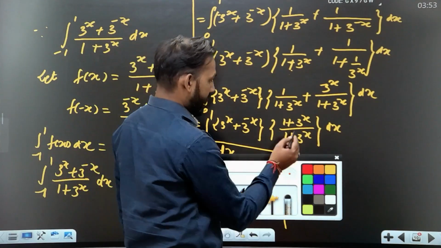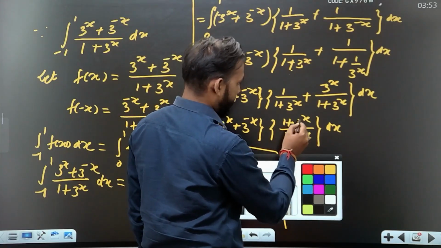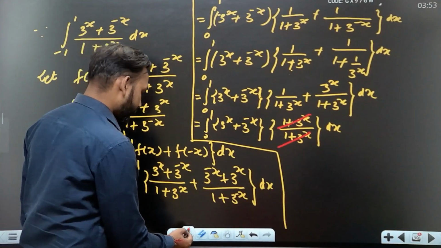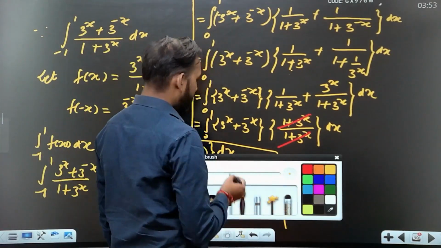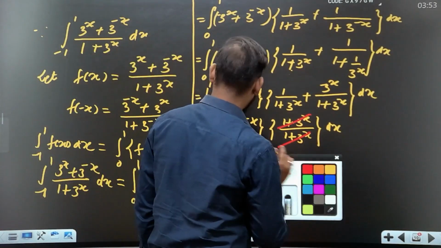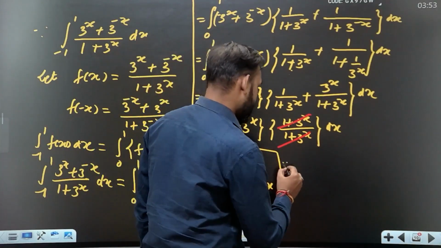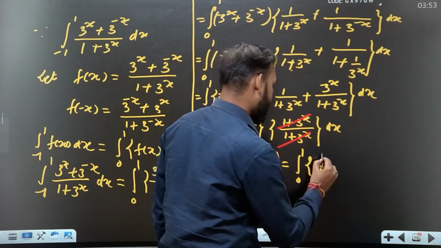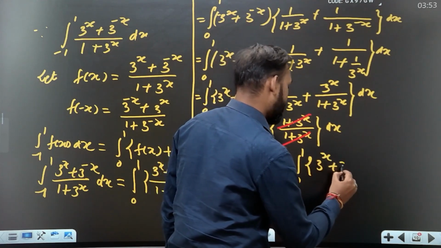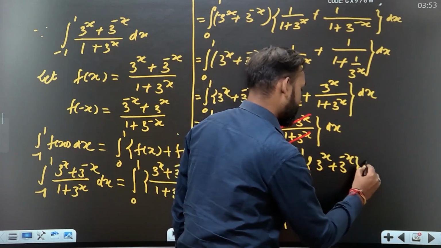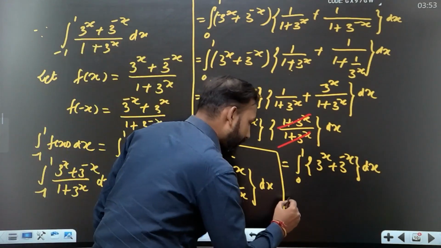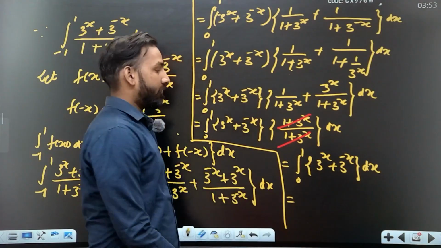Yes or no? 1 plus 3 to the power x cancels out, and we only have this thing equal to integration 0 to 1, 3 to the power x plus 3 to the power minus x dx. Yes or no? Now we integrate this thing, and what is this?